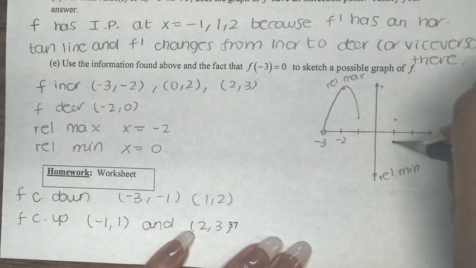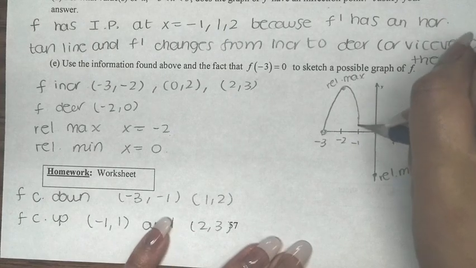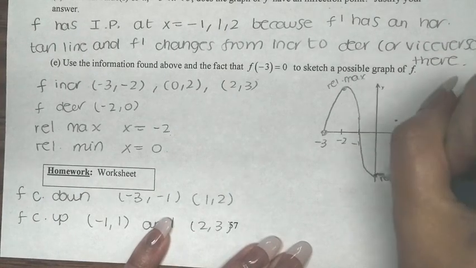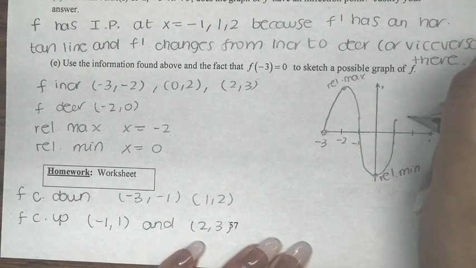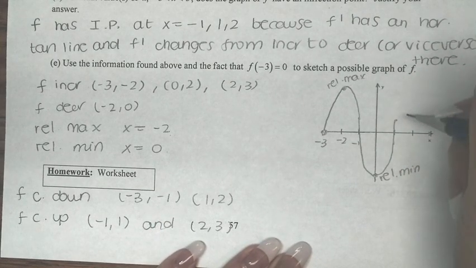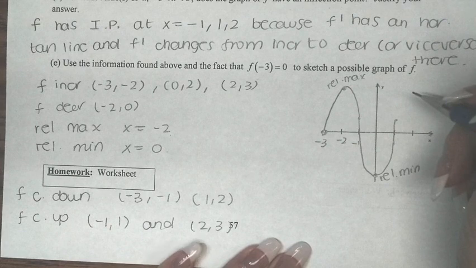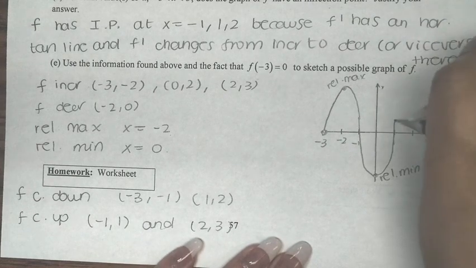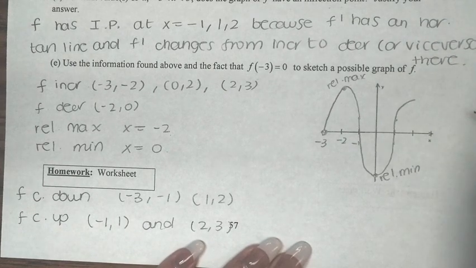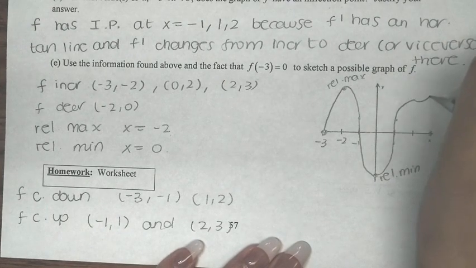That's your 1, and this is -1, and you need to touch them in. So you have a situation like this. After that, the concavity from 1 to 2 is concave down, so I would just put it like that. And then from 2 to 3 it is up, so I would just change it like that.